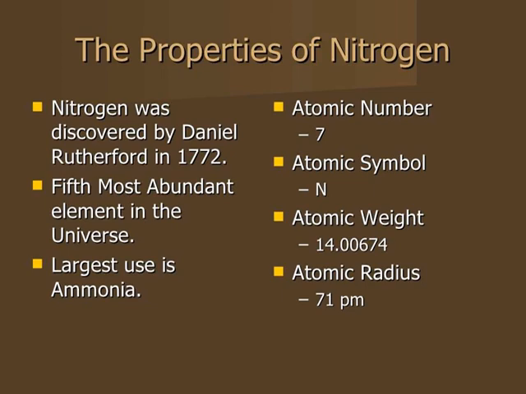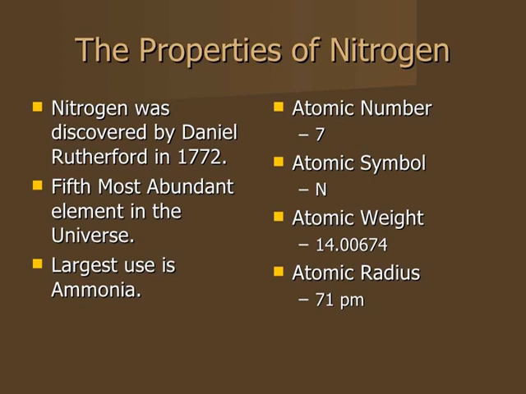If we look at the properties of nitrogen, nitrogen was discovered by Daniel Rutherford in 1772. Its atomic number is 7, fifth most abundant element in the universe. The atomic symbol is N. Atomic weight is 14.00.